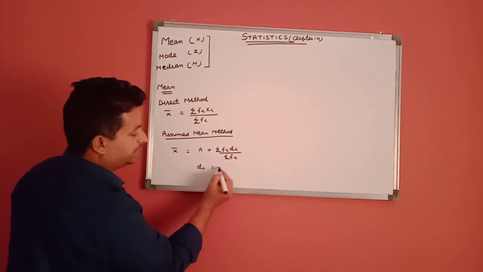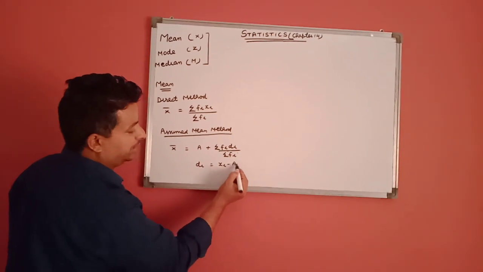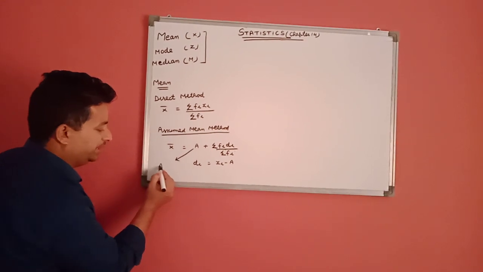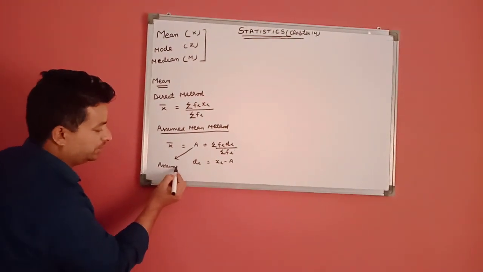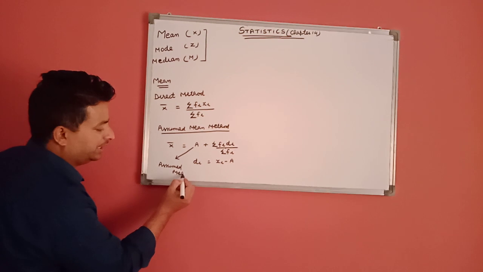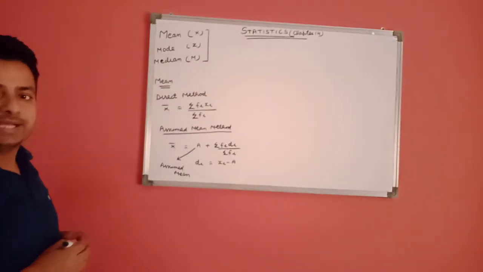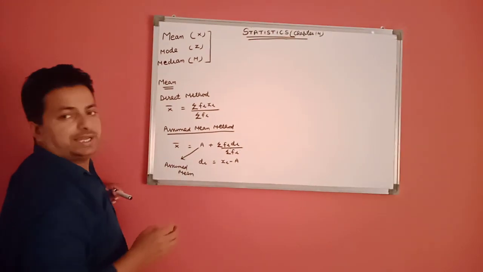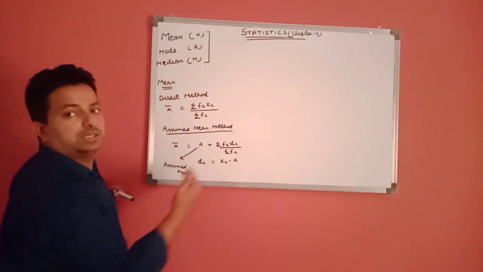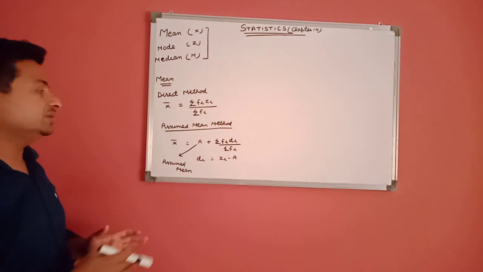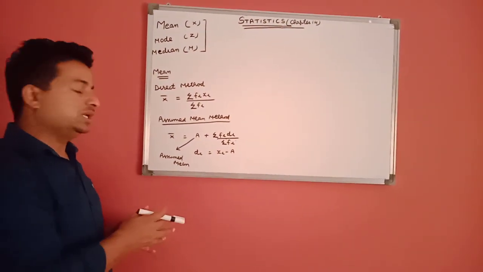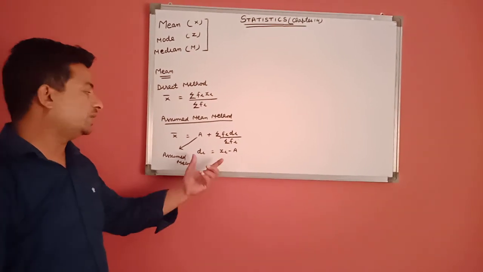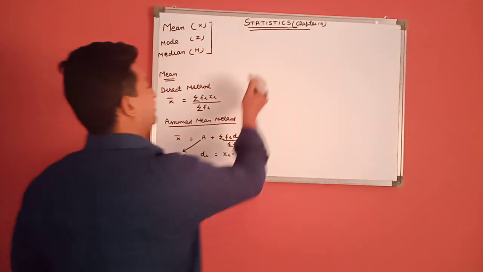Here A is called the assumed mean, and di is xi minus A. We take A as follows: if in xi there are 5 terms, then we take A as the middle term, that's the third term. If there are even terms, suppose 6 terms, then we take A as the third or fourth term. This is the formula for the assumed mean method.